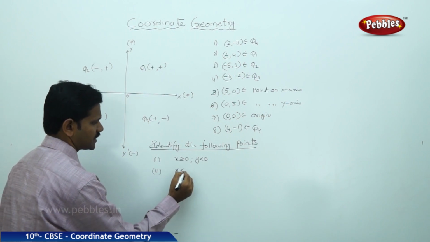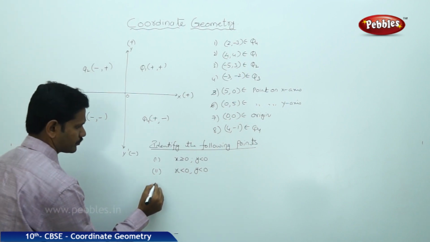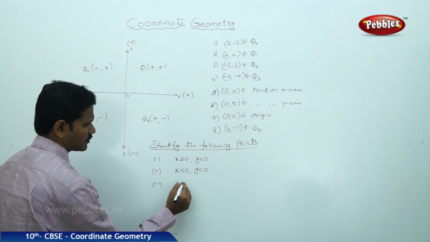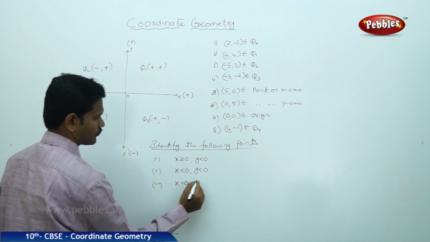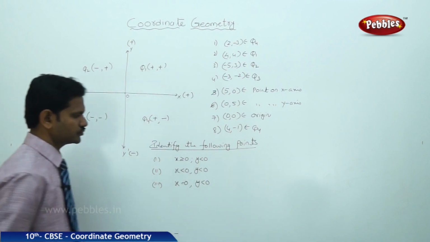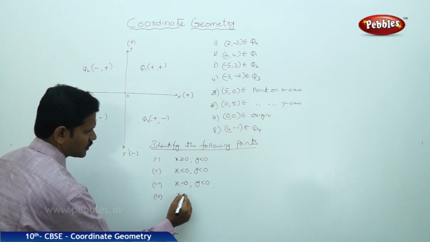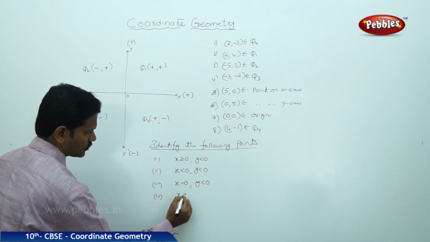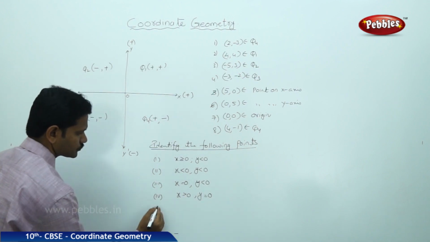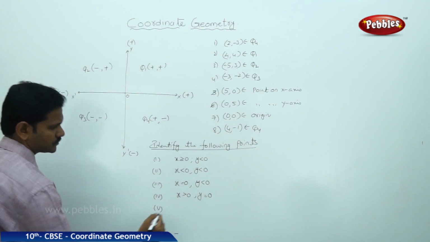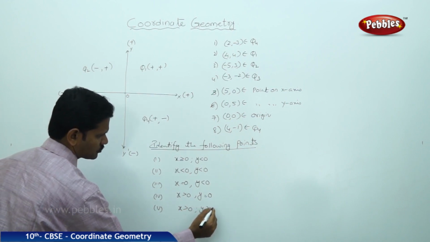Second one, x less than 0, y less than 0. Third one, x equal to 0, y less than 0. Fourth one, x greater than 0, y equal to 0. Fifth one, x greater than 0, y greater than 0.